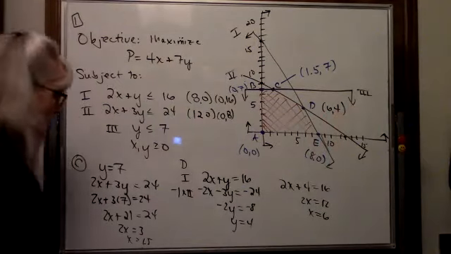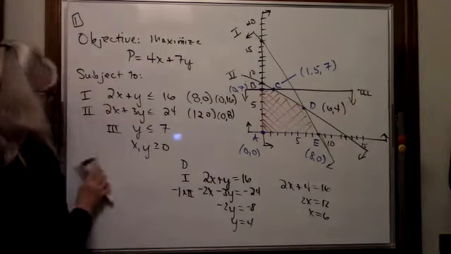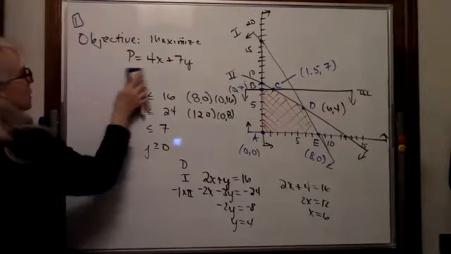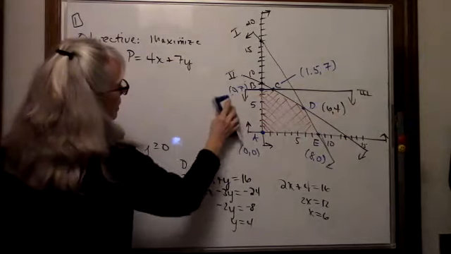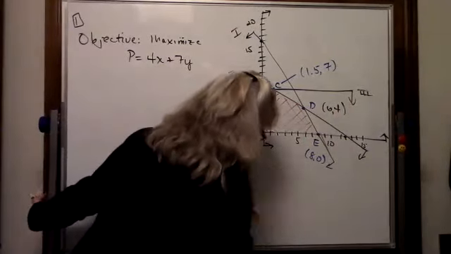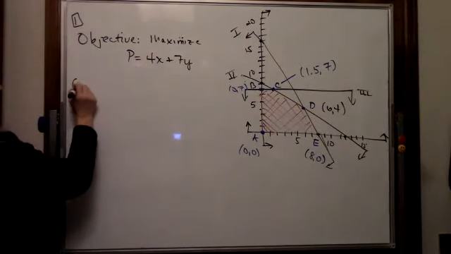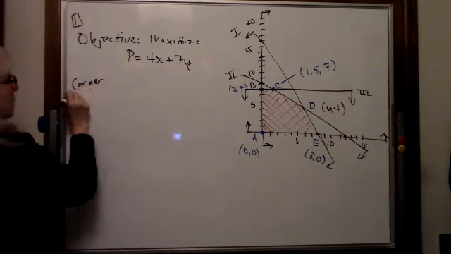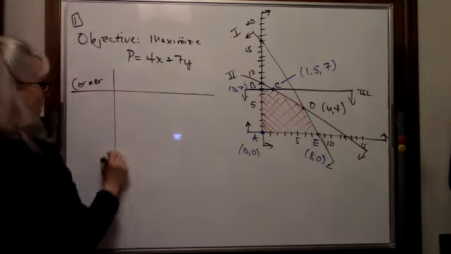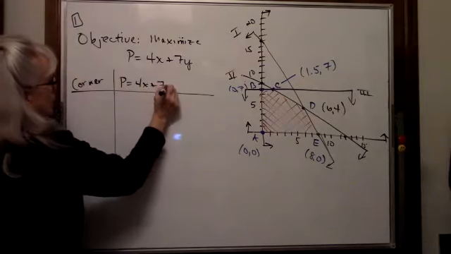So I've now found all 5 corner points. I tend to organize my work again in a chart just to help me out. So here are the corners, and then here's the profit, P, which is 4x plus 7y.